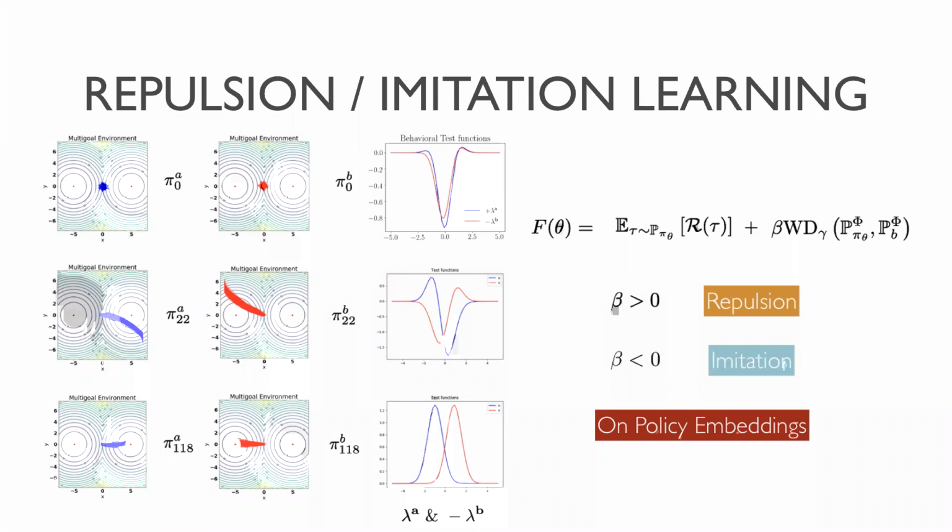But what I'm trying to get at with this slide is that you can see here how the evolution of the test functions goes, and how the test functions are starting to score behaviors that are different to each other, encouraging that throughout optimization.